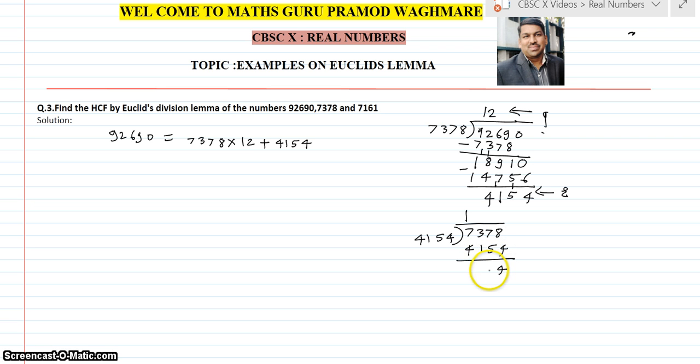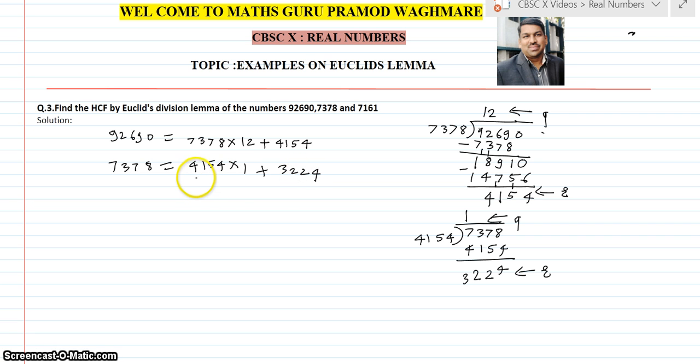What is remaining here is 3224, and it is less than this, so it is the remainder, and this is the quotient. Okay, so we can write 7378 equals bq, b is 4154, into q, q is 1, plus r which is 3224. Again here we are not getting remainder 0.